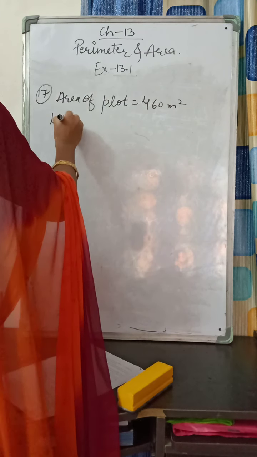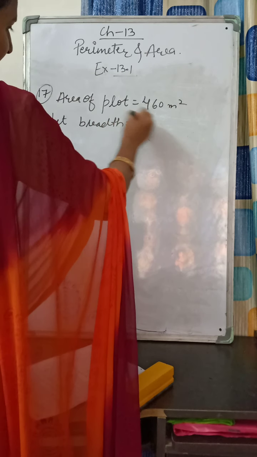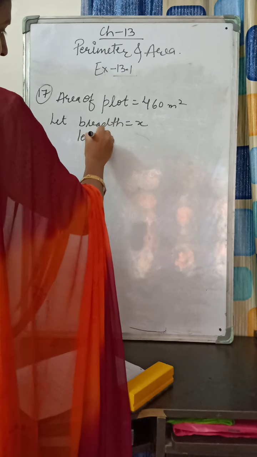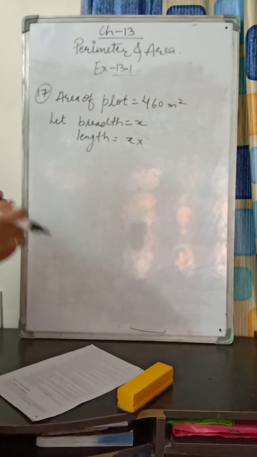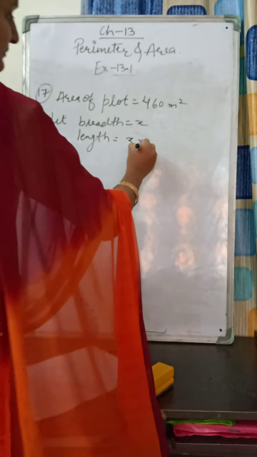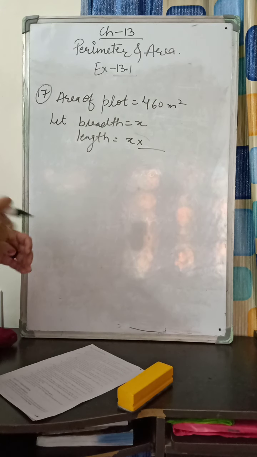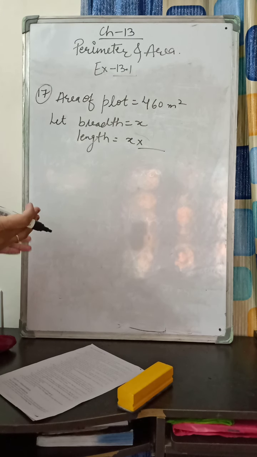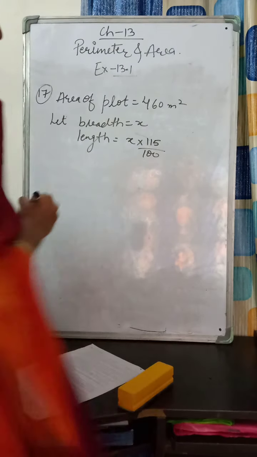So let the breadth equal x, so the length will be x into 15% more. That means let this one be 100, and when we add 15 we get 115. So this is 115 and 100 is the breadth.